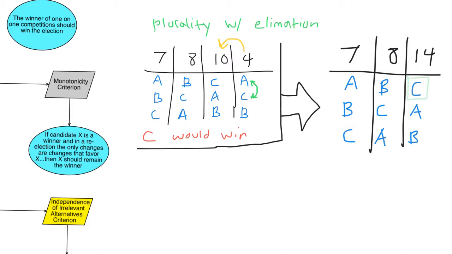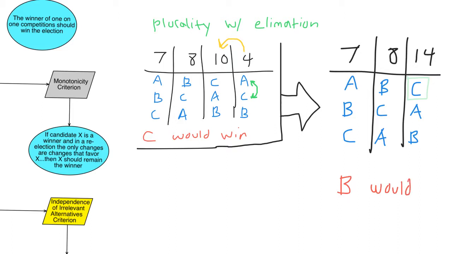Well, interestingly enough, when you use the plurality with elimination method, occasionally C won't win. The candidate that was the recipient of changes that should favor that candidate ends up losing the election. I'll leave it up to you to do the plurality with elimination method on this to check for yourself, but you will discover that B would win.